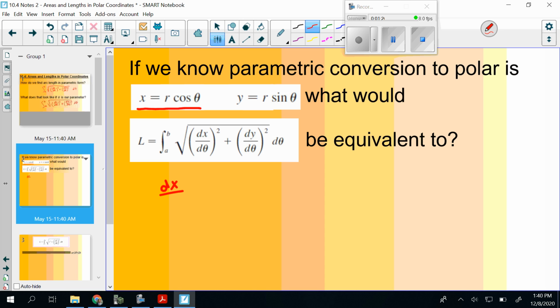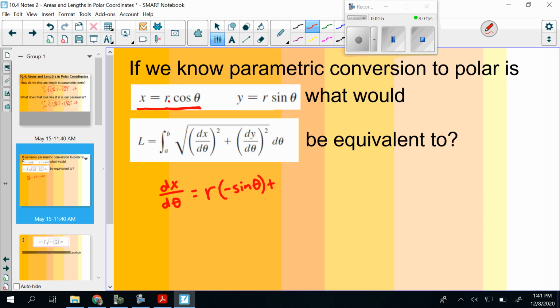So dx d theta, if we differentiated x with respect to theta, what would that be equal to? Well, we would have to differentiate this side too. So we're going to have to do product rule since we got two functions being multiplied there. So we would keep r, and then what's the derivative of cosine? That would be negative sine. And then plus, now let's switch them around.